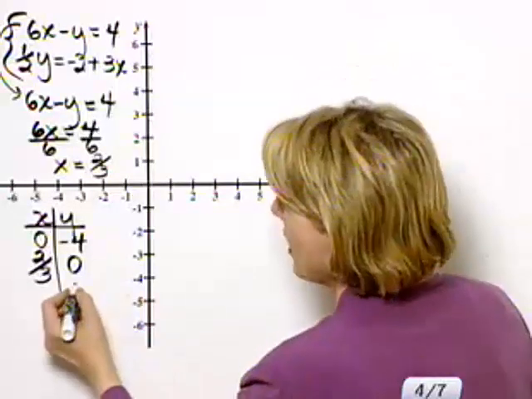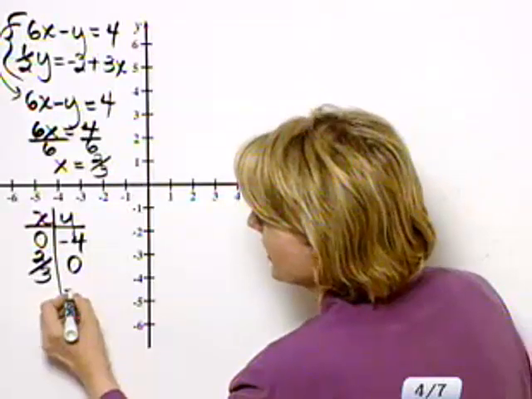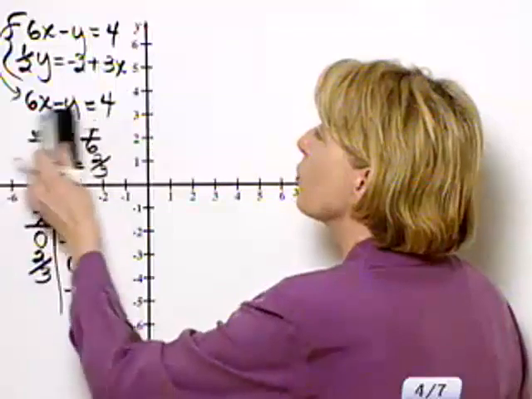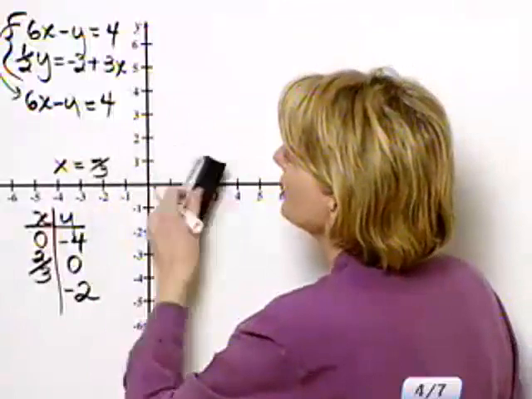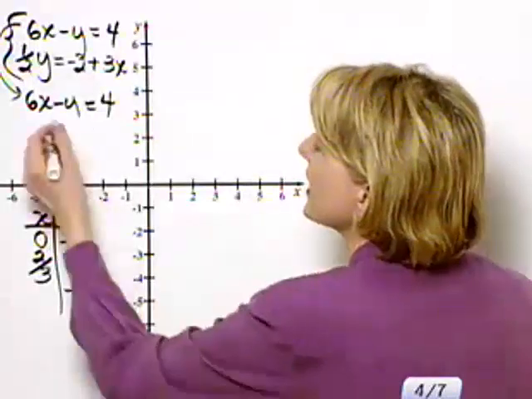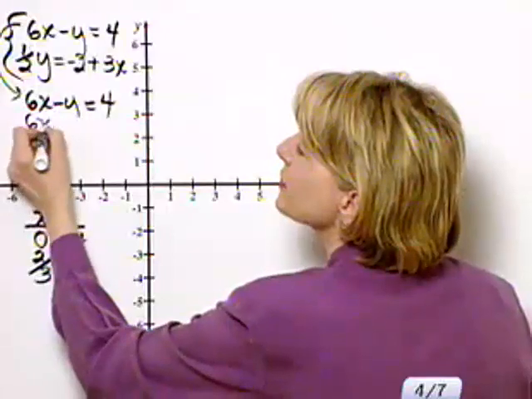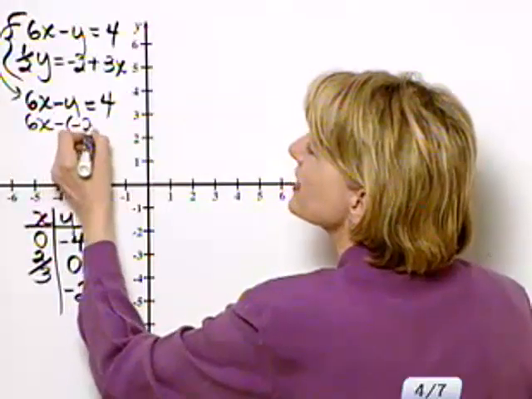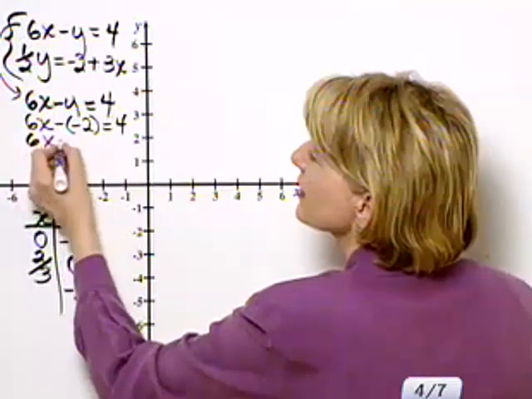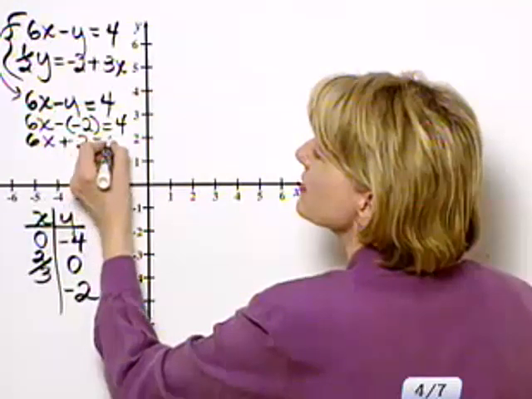Let's try another one. What if y is negative 2? If y is negative 2, then we have 6x minus negative 2 is 4. So we have 6x plus 2 is 4.